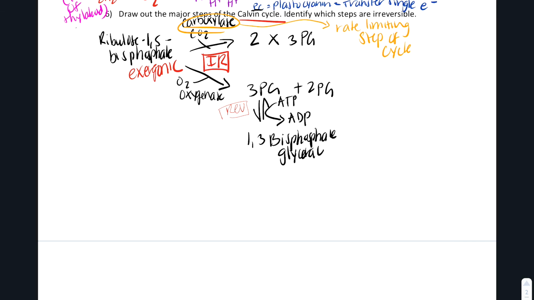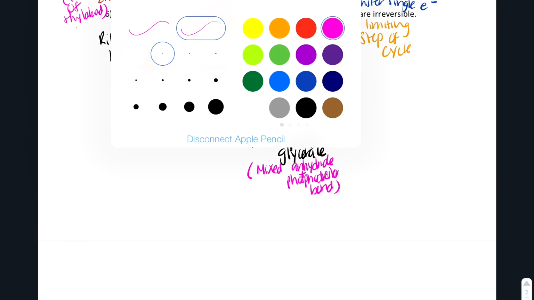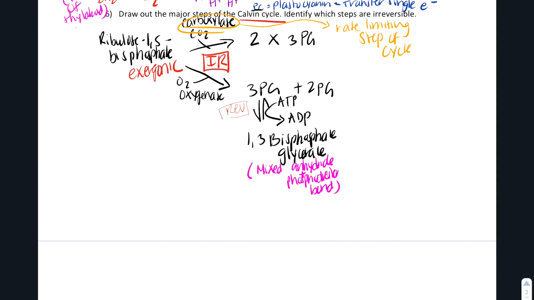glycerate. Okay, and note that in this specific structure, we have a mixed anhydride plus the phosphodiester bond. The mixed anhydride is a higher energy than the phosphodiester bond. I'll draw where the mixed anhydride is. So I'll draw the structure for this one.